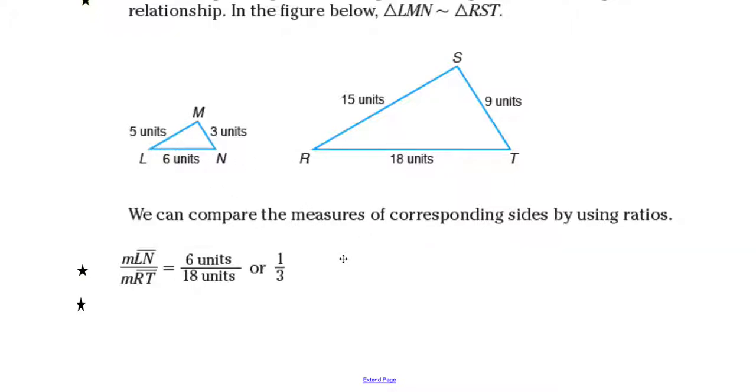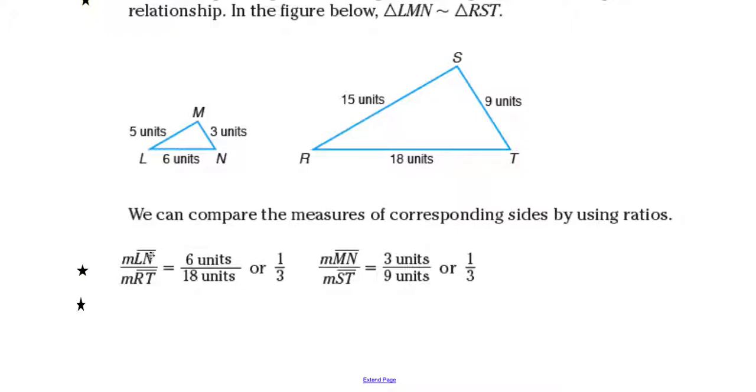So let's take a look at another two corresponding sides, and that is the measure of segment MN over ST. If you notice, the numerator starts with the small triangle, and the denominator is the big triangle.